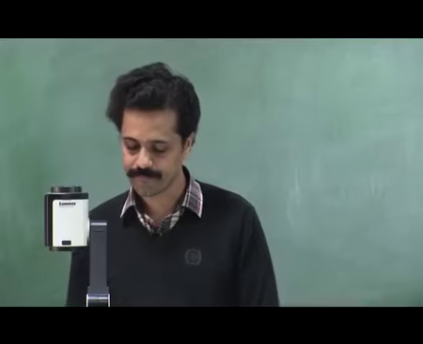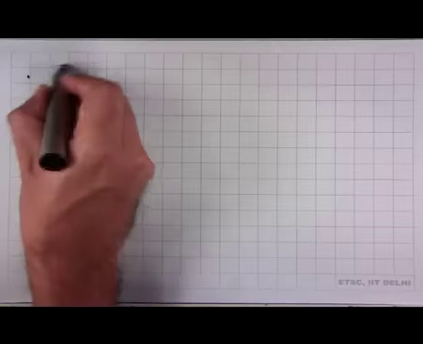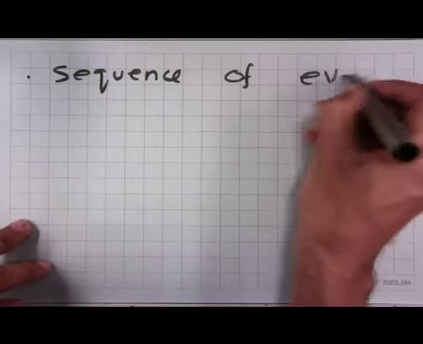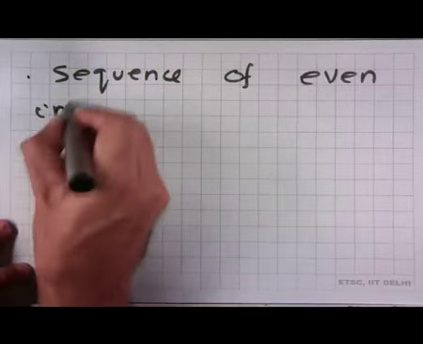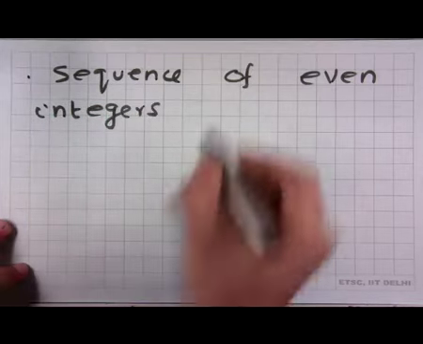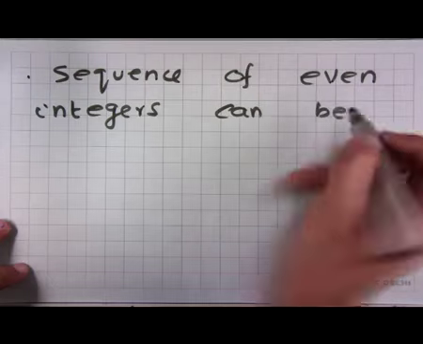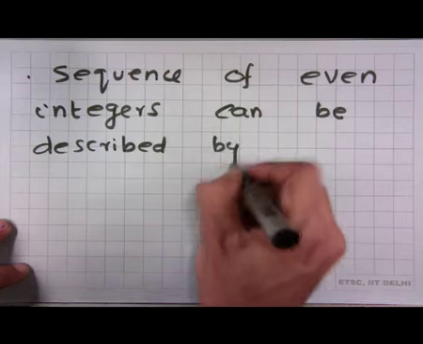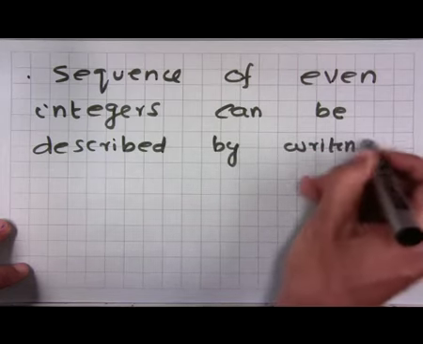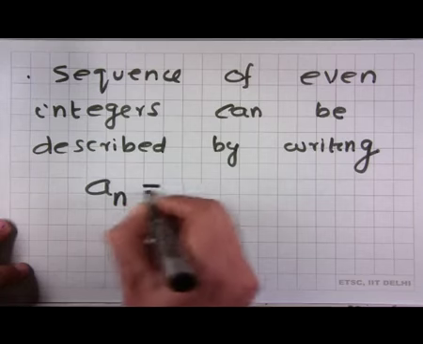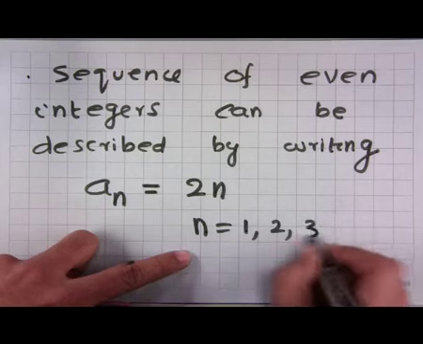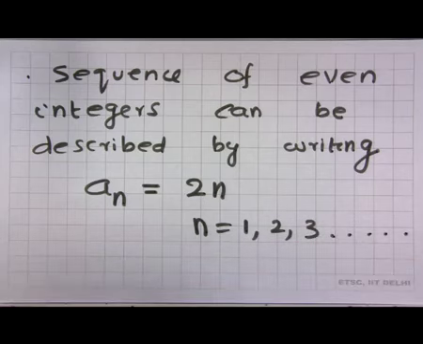For instance, the sequence of positive even integers can be described by writing AN is equal to 2n, n is equal to 1, 2, 3, etc. This is one way of describing a sequence.